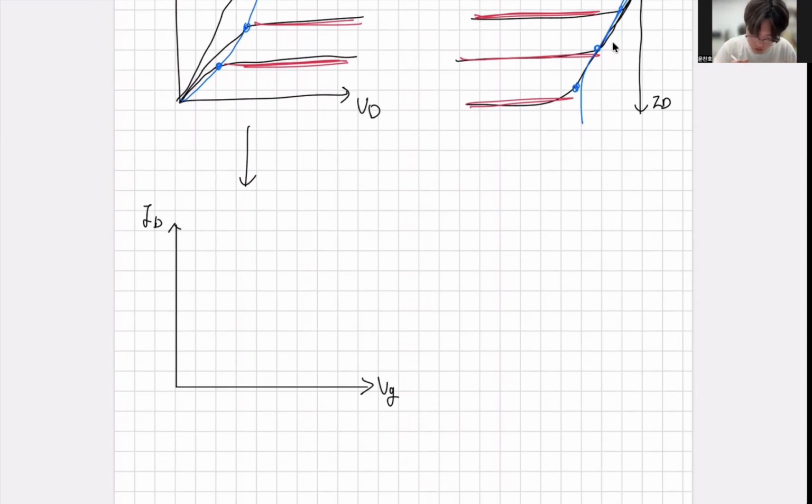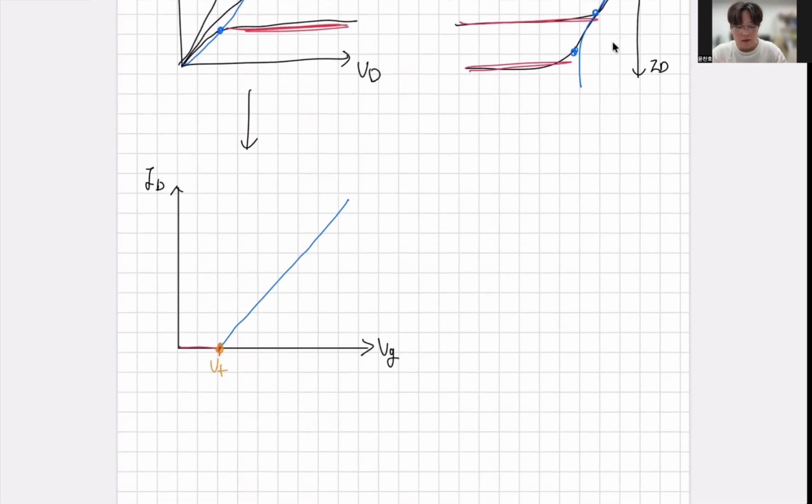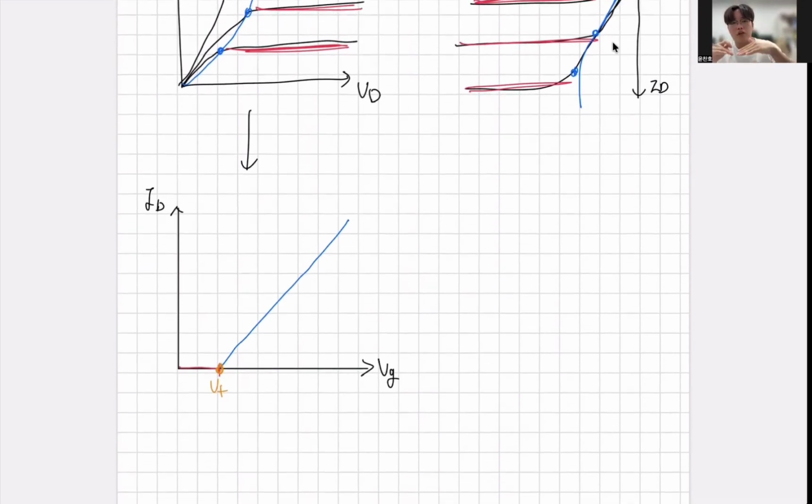So we can draw the graph like this. And this point is the threshold voltage. So the ID-VG graph will be drawn like this.